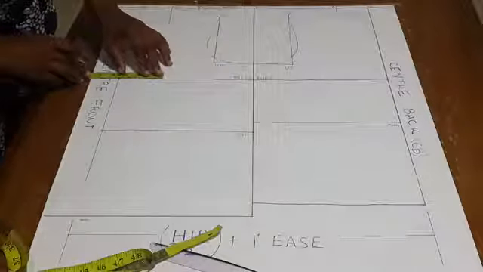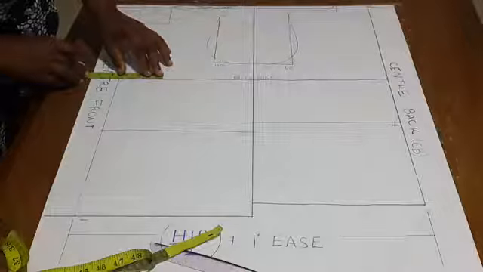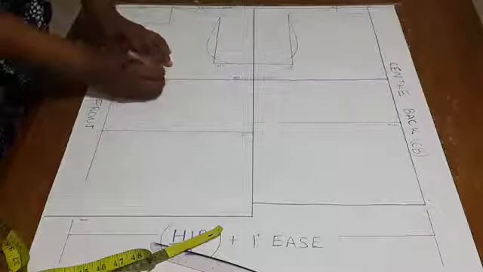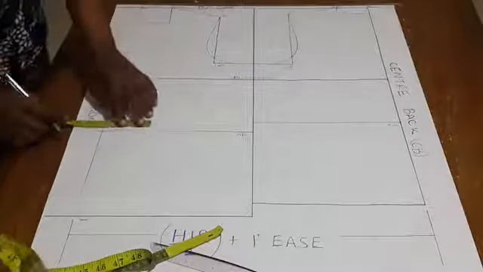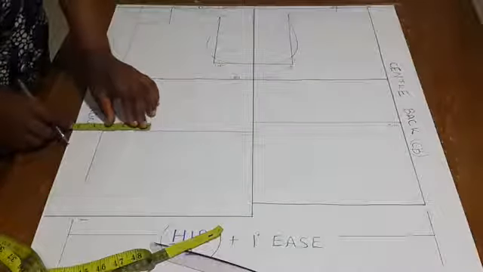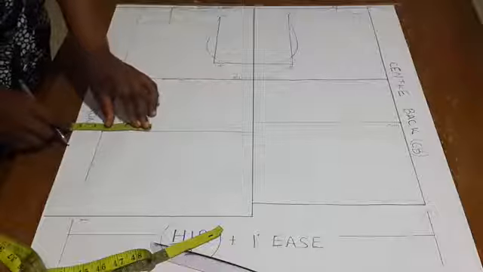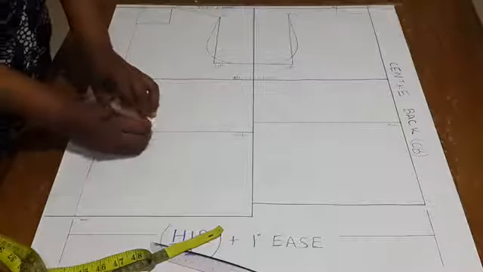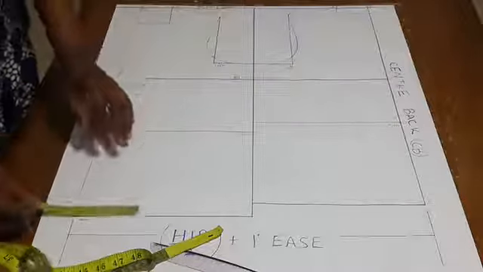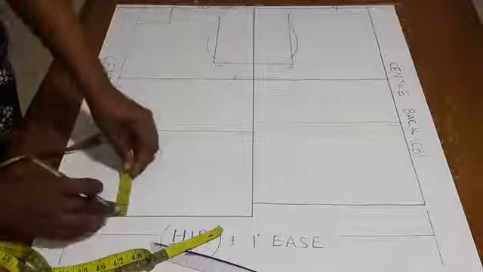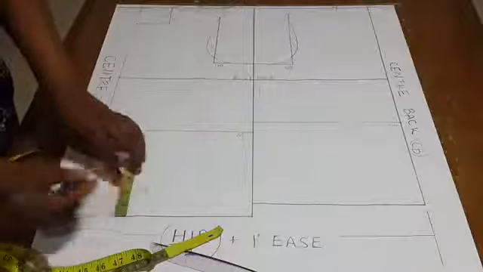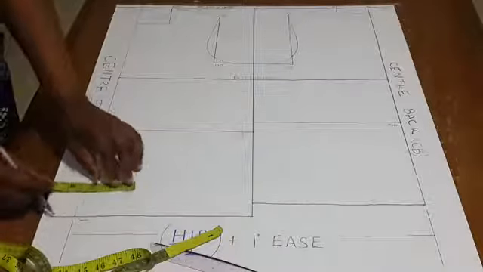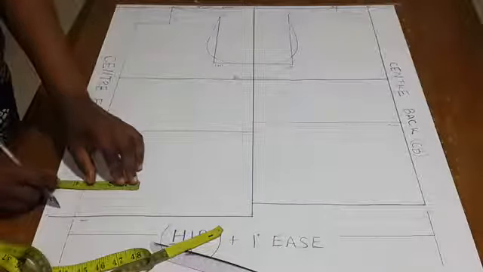So 6.5 inches divided by 2 will give us 3.25. So I come to the bust point, I mark my 3.25. I come to the waist point, the half length for the front, I mark my 3.25, and I go up the hip line by 2 inches and I input the same 3.25.